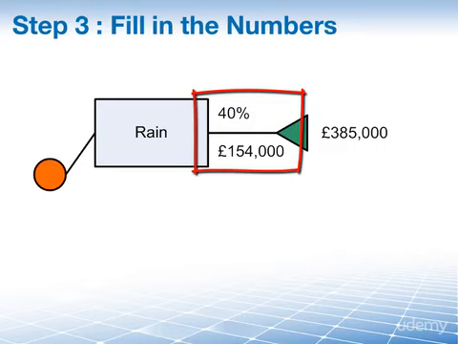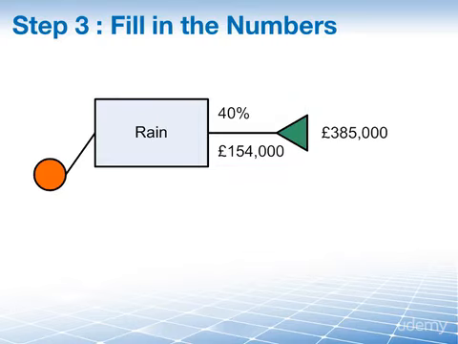And of course then, 40% of 385,000 is 154, and that is the number that we added below the percentage. This now indicates that 154,000 is what we can expect as income if we factor the probability of rain into our calculations. This is our expected monetary value for this particular option.